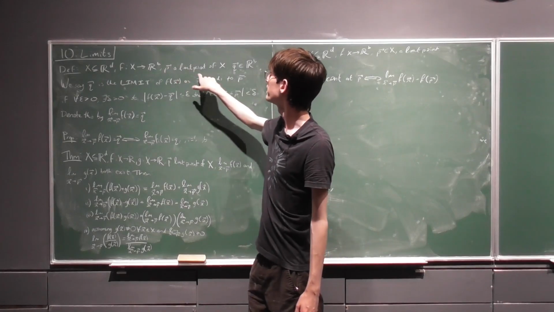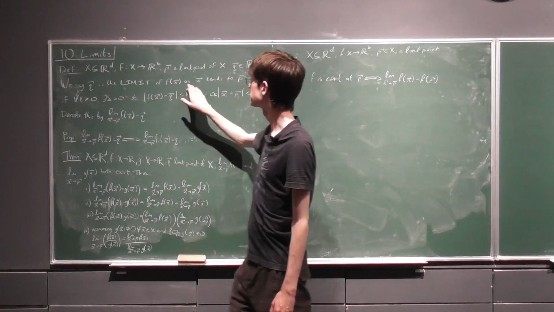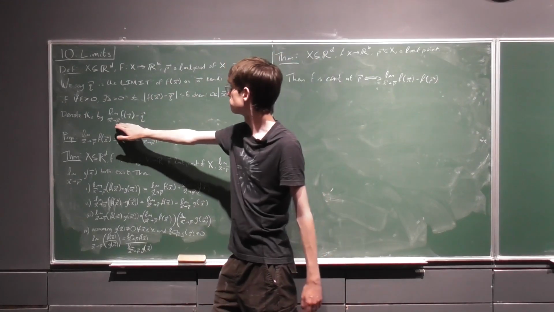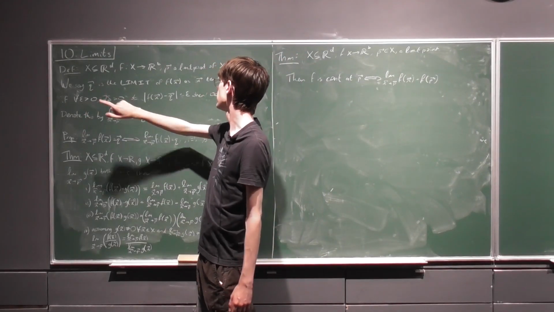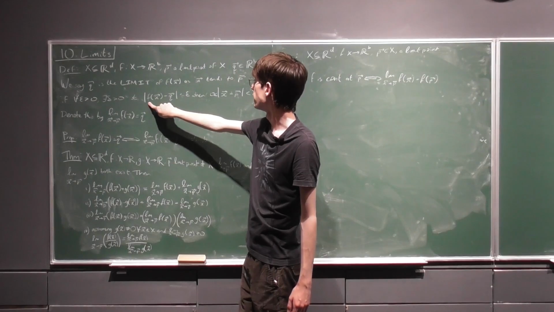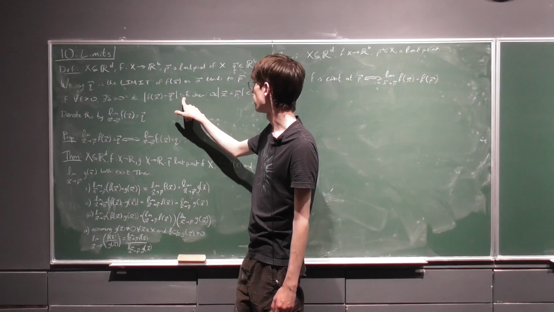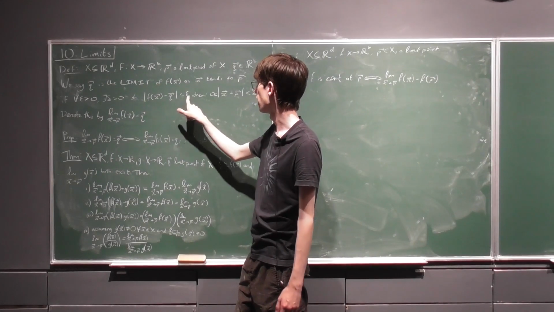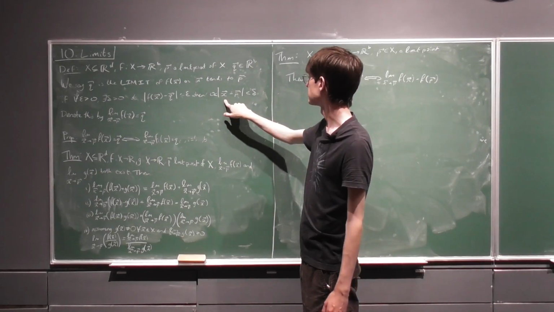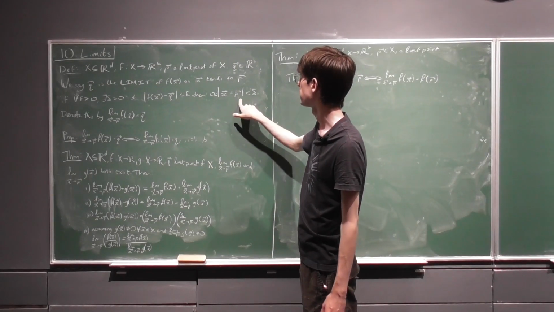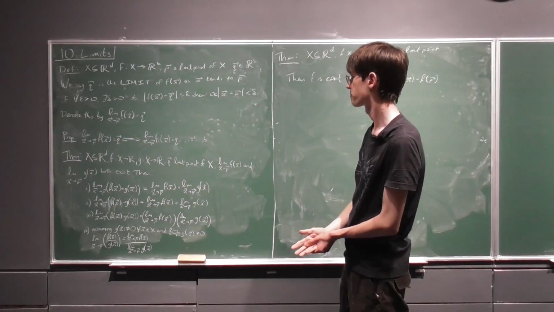If p is a limit point of X and q is in R^b, we say that q is the limit of f(x) as x tends to p, written this way, if for any epsilon greater than 0, we can find a delta greater than 0 such that f(x) and the limit are within epsilon of each other. This occurs when the distance between x and p, the limit point, is non-zero and is less than delta.